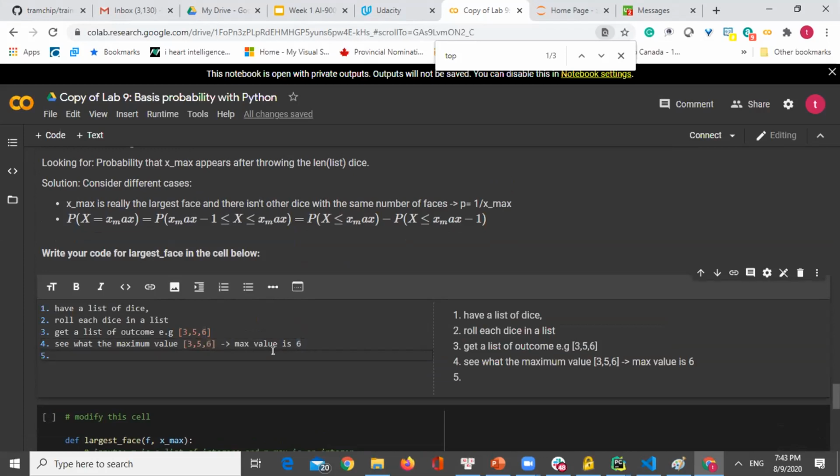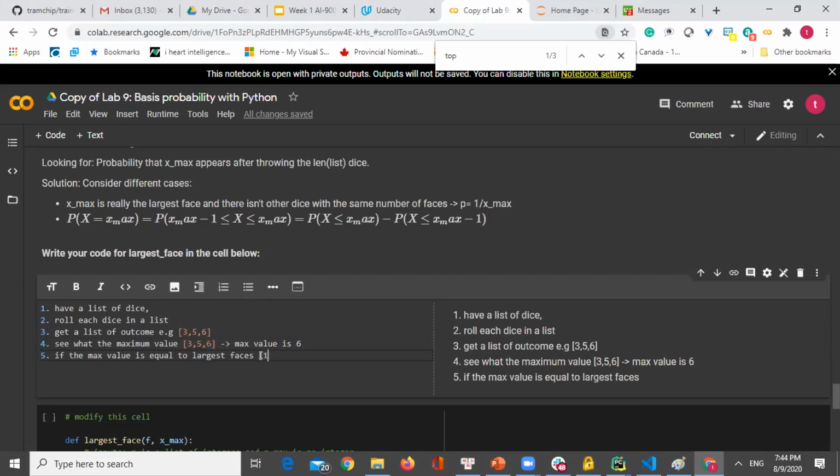Now they're trying to check if this maximum value is equal to the largest number of faces. Okay, is equal to the largest faces. So basically, in this list we're trying to find the value 6, and we go back and compare the 6 to the maximum value of each dice, right?